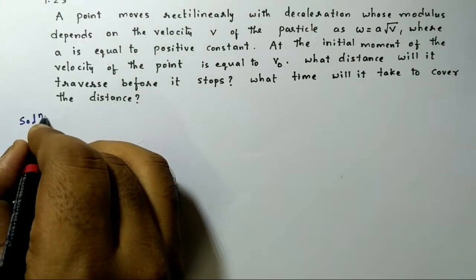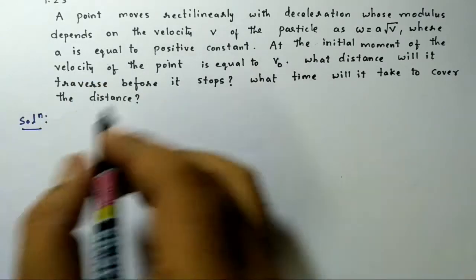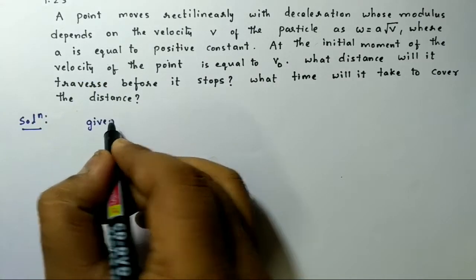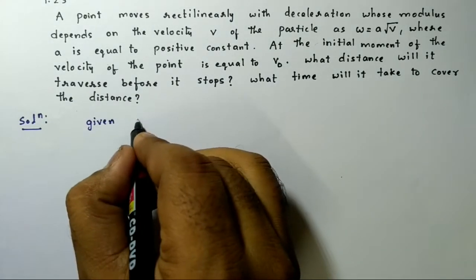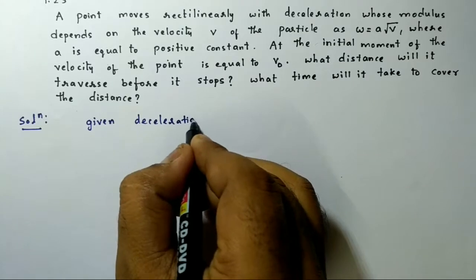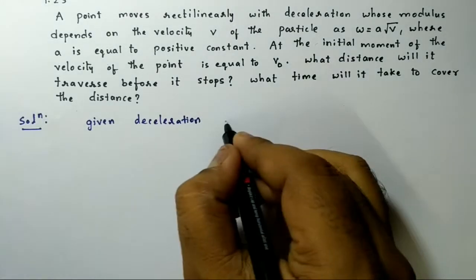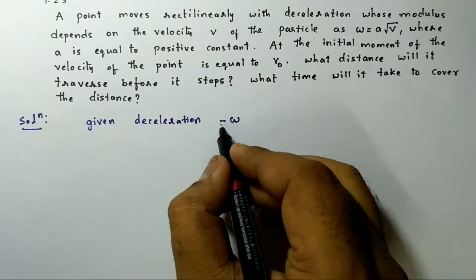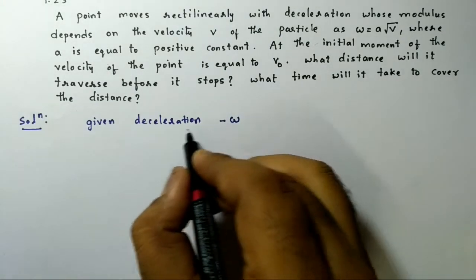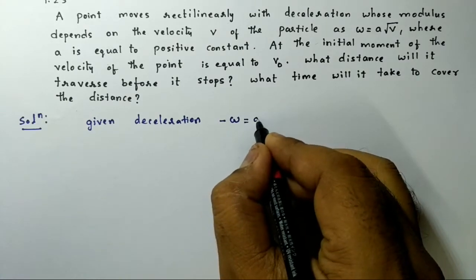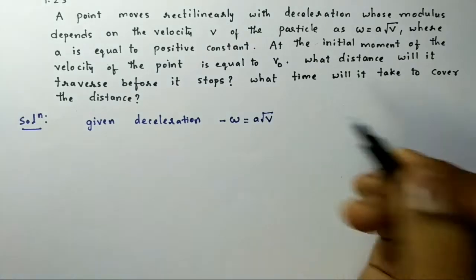Solution: from the data given, deceleration is minus omega. Here the negative sign represents the deceleration or retardation of the particle, that is equal to a under root of v.